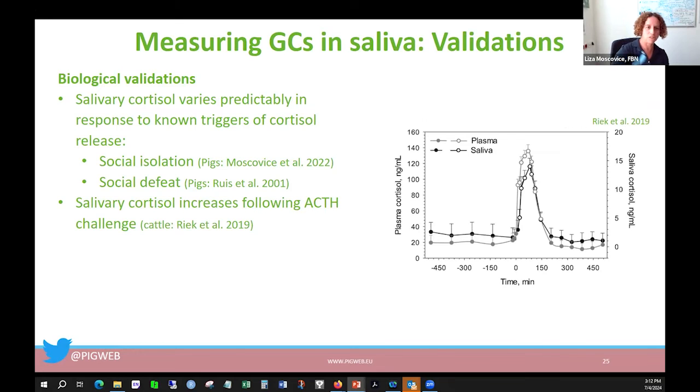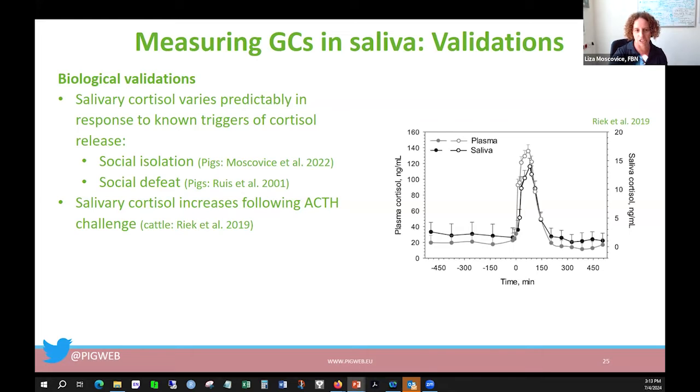One of the most common ways to do this is with something called the ACTH challenge. Here we're injecting this precursor, the initial step in the hormonal cascade to release cortisol, into animals, in this case also into cattle.